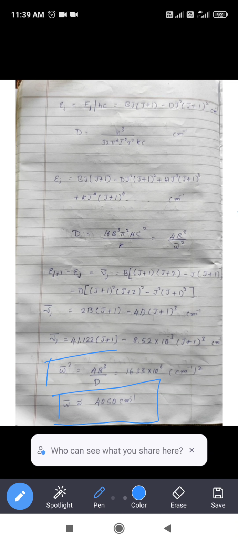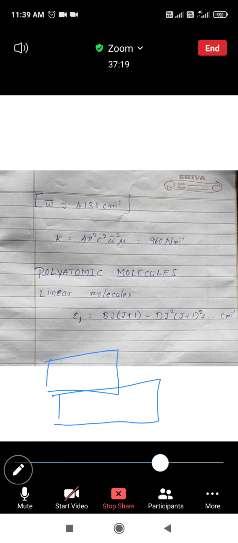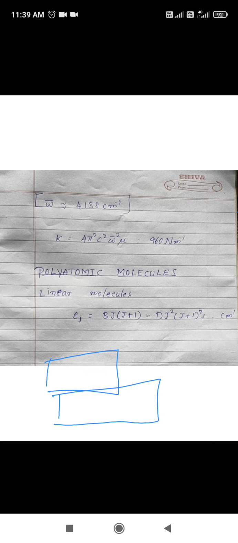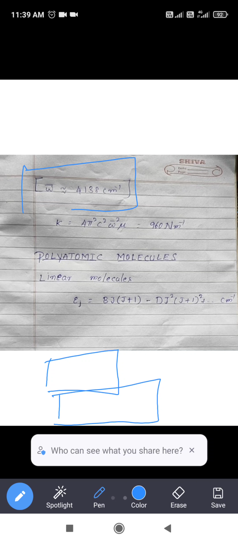Using this formula we get omega bar equal to 4050, while the standard one is 4138, so there is 0.02% inaccuracy. Next, from omega bar we calculate the spring constant and get 960 Newton per meter.